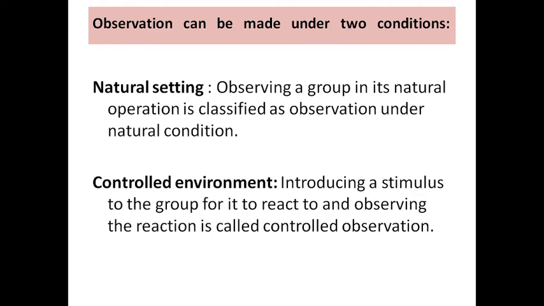Control environment: in this situation, the researcher or the observer introduces a stimulus to the group so that the group reacts to it and the observer observes the reaction. So that is called control observation.